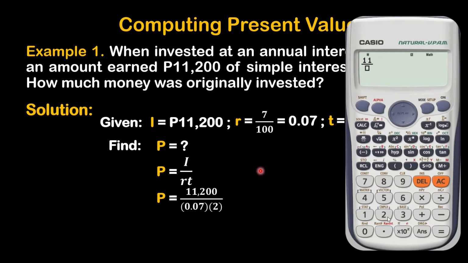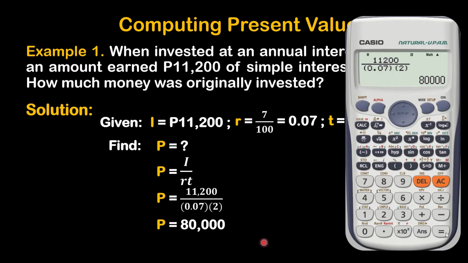We have 11,200 over 0.07 times 2. Let's see what the answer is. Let's click equal. So that is 80,000 pesos. Therefore, our principal amount is equal to 80,000.